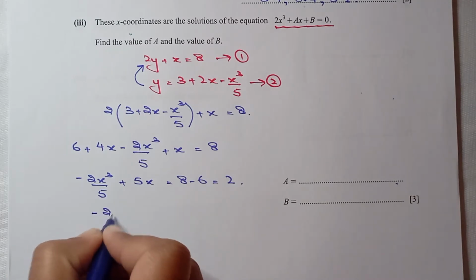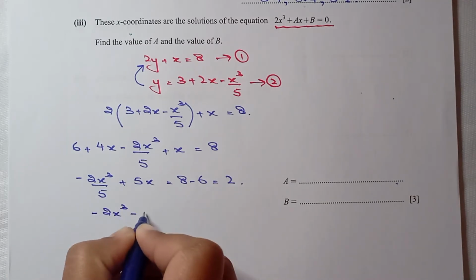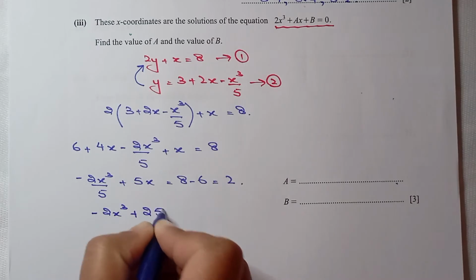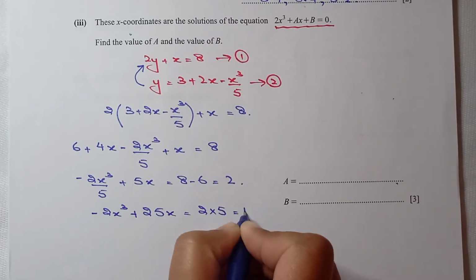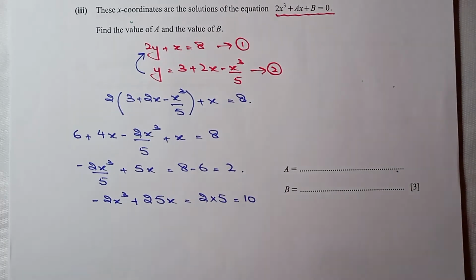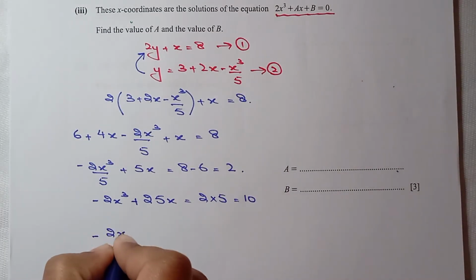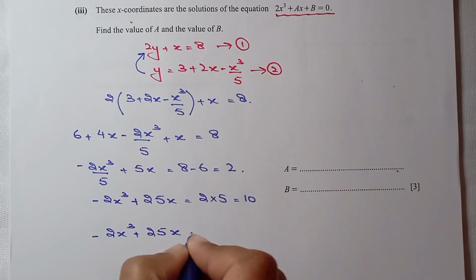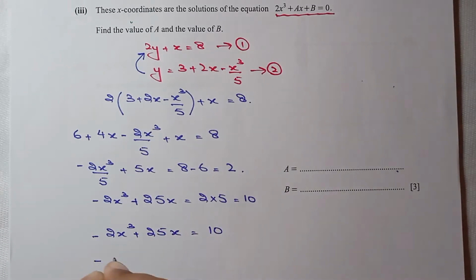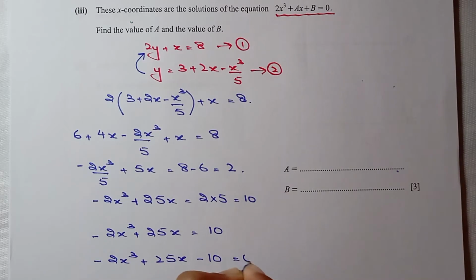So minus 2x cubed, 5 times 5x is 25x, and 2 multiplied by 5 equals 10. Now we have negative 2x cubed plus 25x equals 10, so minus 2x cubed plus 25x minus 10 equals 0.